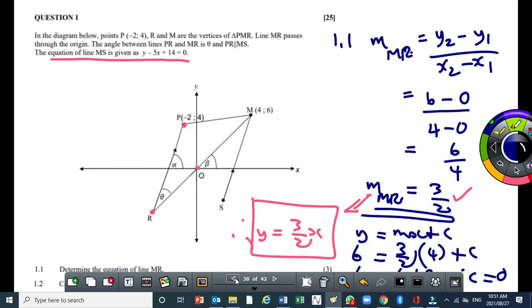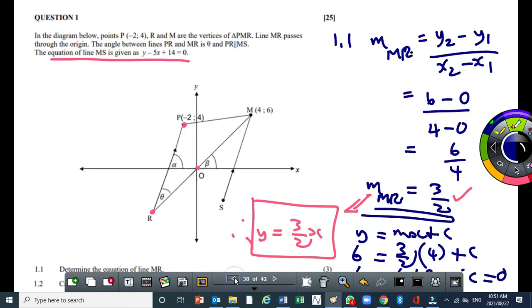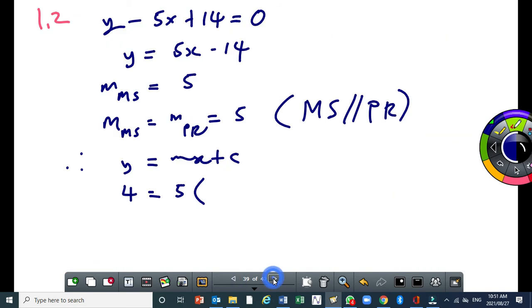Then we use the coordinates of point P. We know the x value, we know the y value. So this will be a 4, and m is 5, and x is -2, plus c. So we get 4 equal to -10 plus c. So you get c equal to 14.